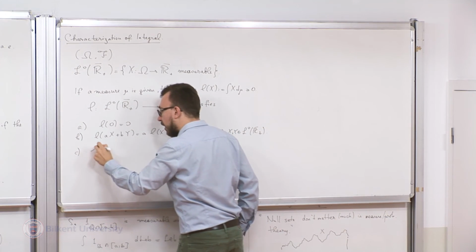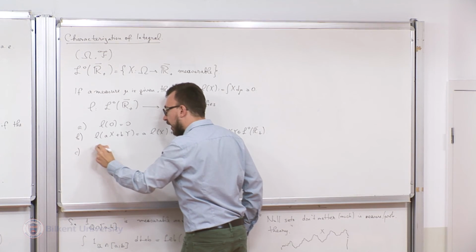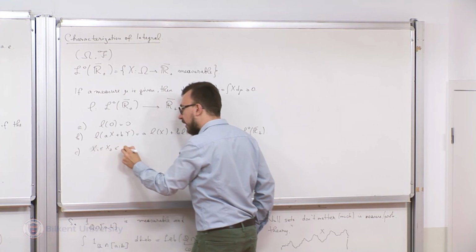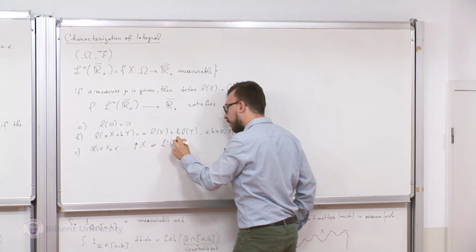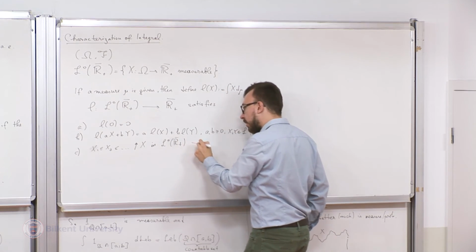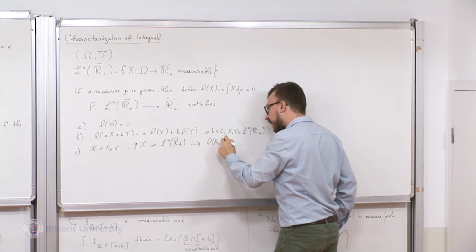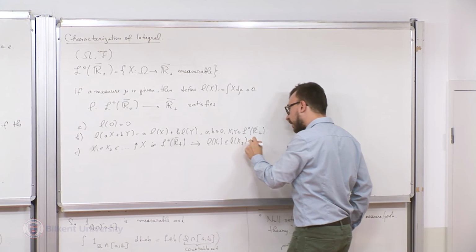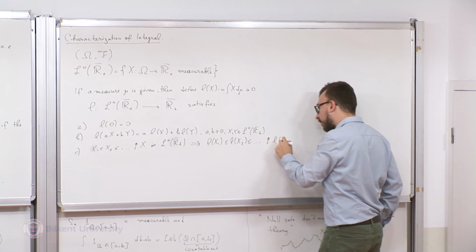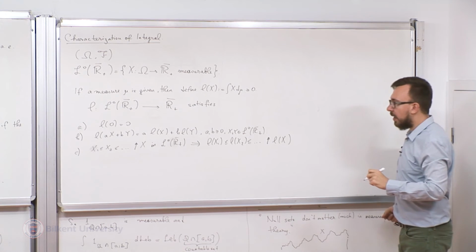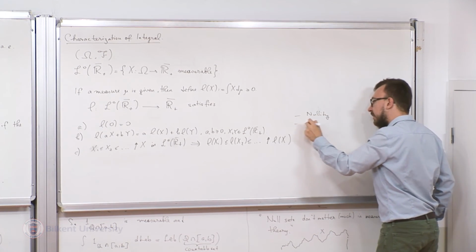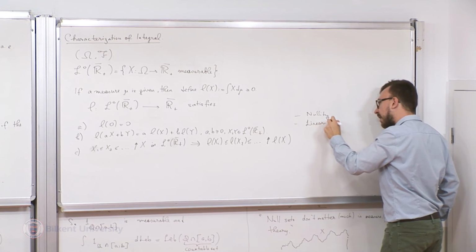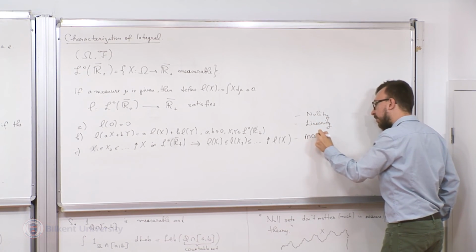C, if you have x1, x2, etc., converging to x in L0, then L of x1 is less than L of x2, and they converge to L of x. So this is nullity, this is linearity, and this is monotone convergence.